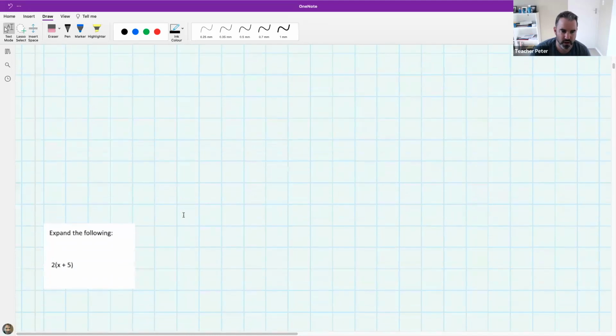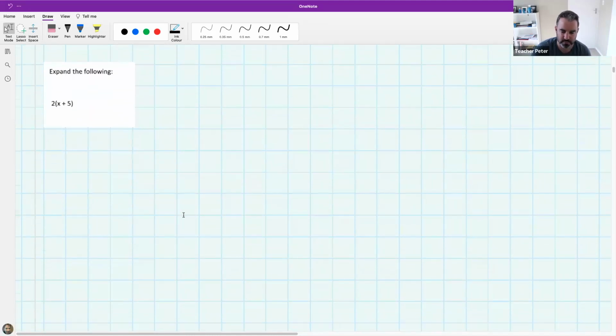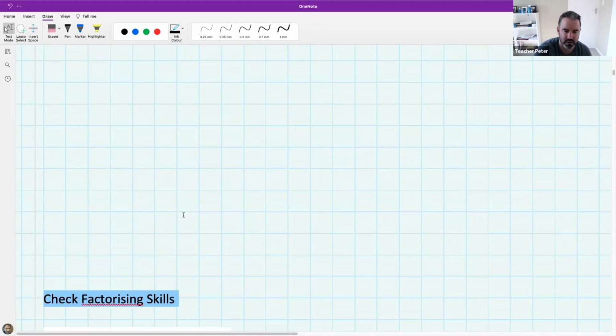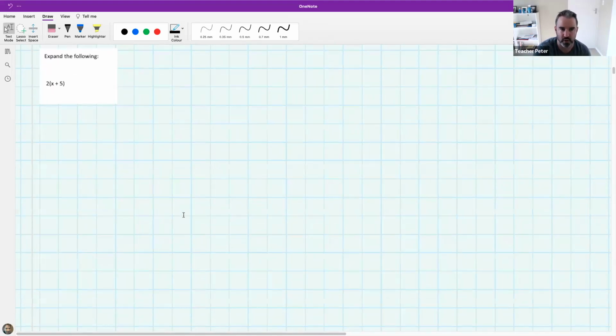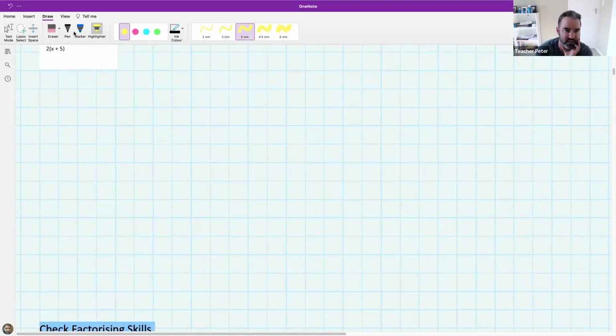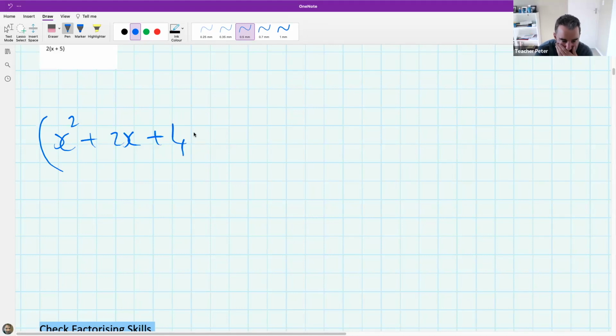Let's do one more expanding question, and then we're going to move on to factorizing skills. So if I said to you, I want you to multiply x squared plus 2x plus 4 times, in fact, let me move this to the side.